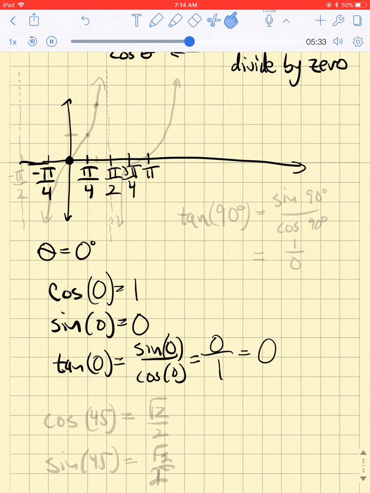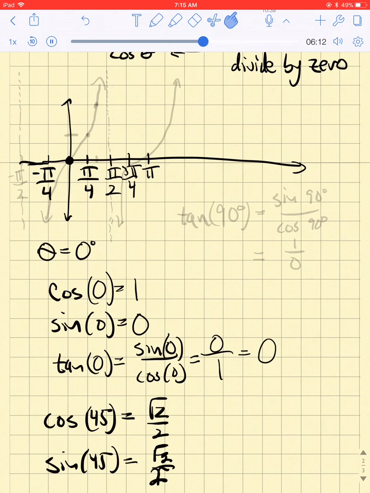So, if tangent is sine of theta over cosine of theta, then tangent of 45 degrees is going to be root 2 over 2 divided by root 2 over 2, which gives us 1. So when we're at pi over 4, we're going to go up to 1.